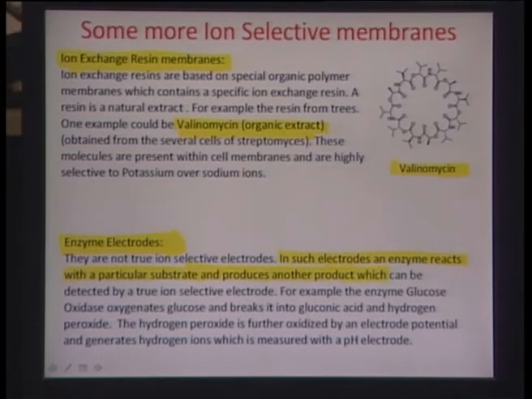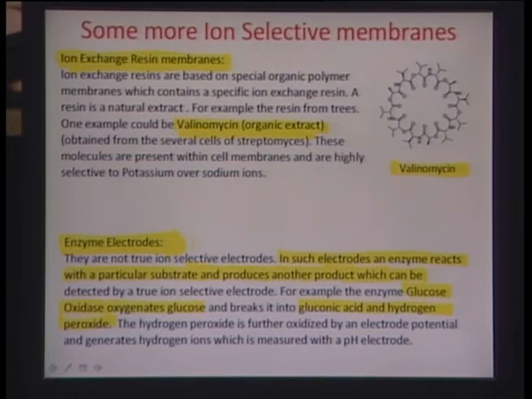In this case the particular enzyme may react to just the species of interest. For example, with glucose, as I have mentioned earlier quite a number of times, the glucose oxidase enzyme would oxidize glucose and break it into gluconic acid and hydrogen peroxide, and therefore this is again giving a selectivity aspect to the sensing mechanism.